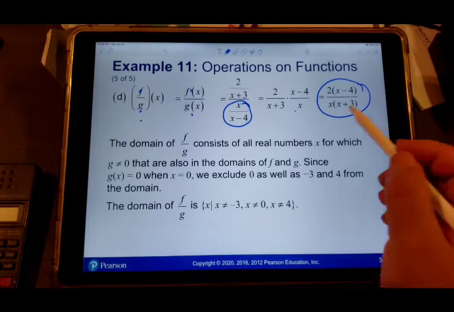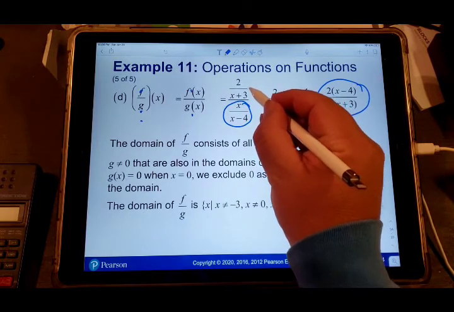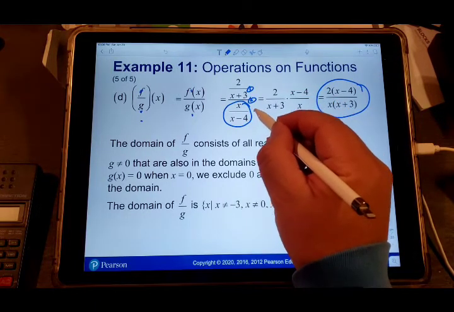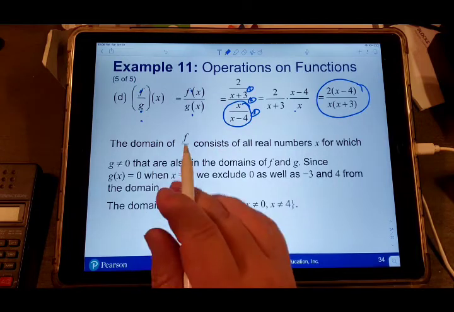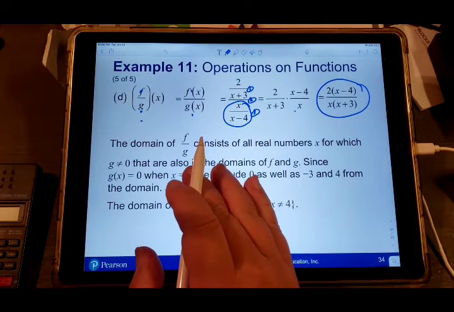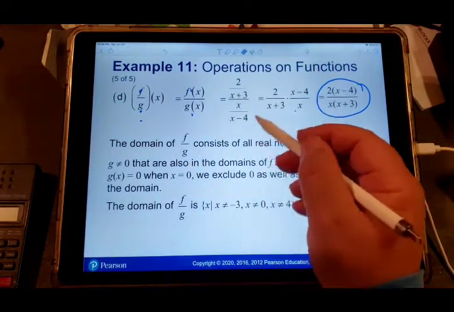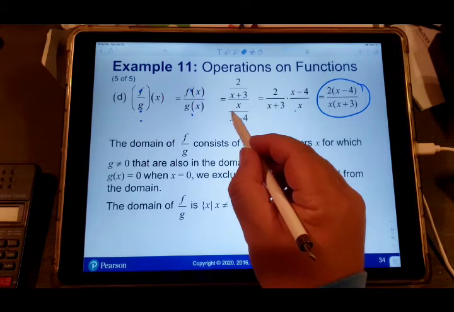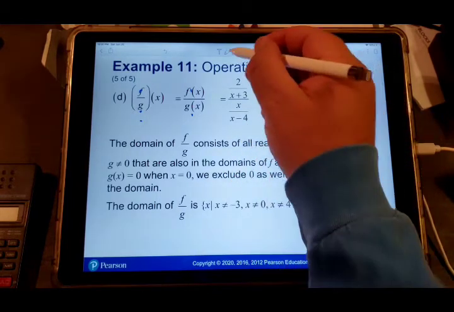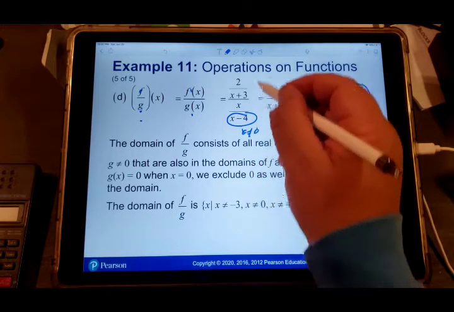Now keep in mind, there was a point when this was a 4-story building, so there were 1, 2, 3 division symbols. So there are 3 places where the denominator should not equal 0. What I'm saying here is, if I look under this line, I know that x cannot equal 4.